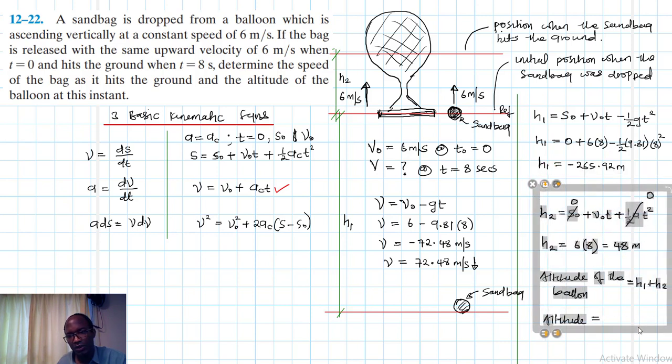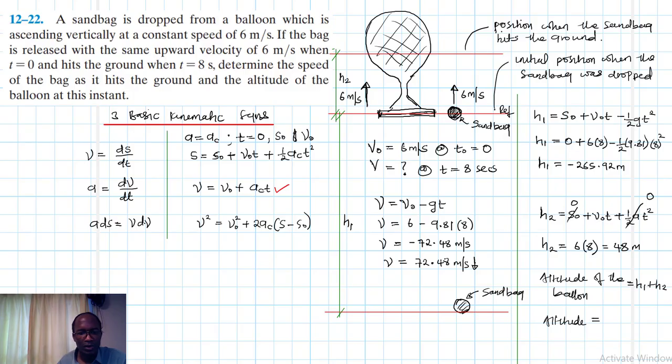This H1 just simply means we have 265.92 meters and it's going down, while this one is going up. So when we add the two, we have 265.92 plus 48. This gives us 313.92 meters. So this is the total altitude when the bag hits the ground.